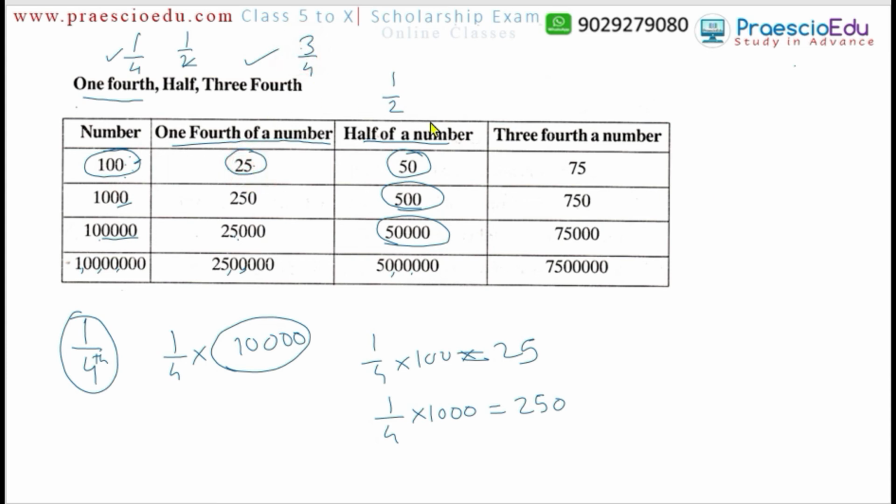So 25 multiplied by 3, we get 75, like this way. So multiply by 3 by 4, which will give the 3/4 of a number. So for the number 100, the 3/4 is 75. Like this one, for 1000, 750 is the 3/4 of the 1000. So you just understand 1/4, half, and 3/4.